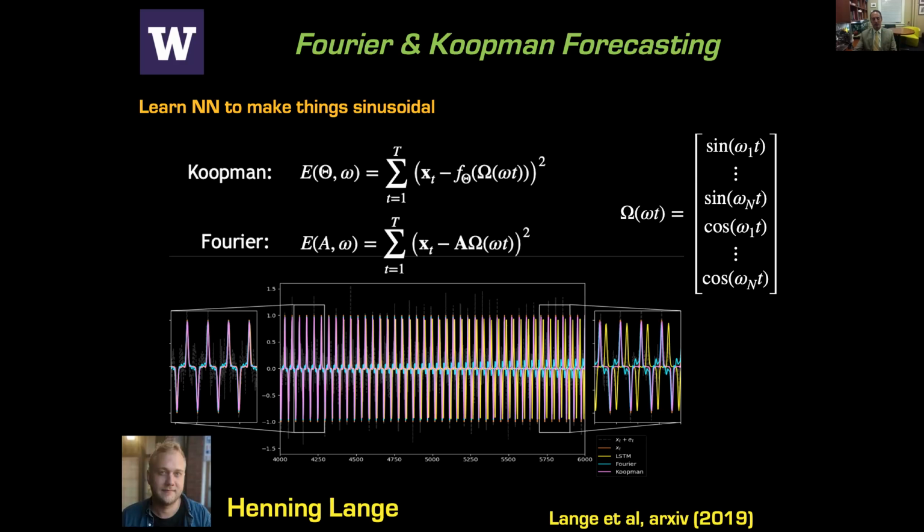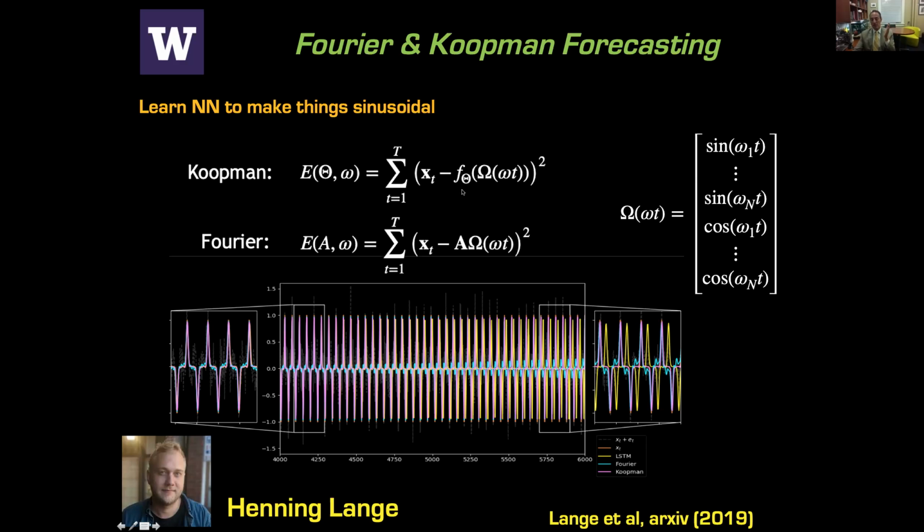So instead, what you could do is say, how about if I learn a map? This is what we're going to do: we're going to put a neural network here, and the neural network is going to take this information and find a transform of the time series that makes it look more sinusoidal.